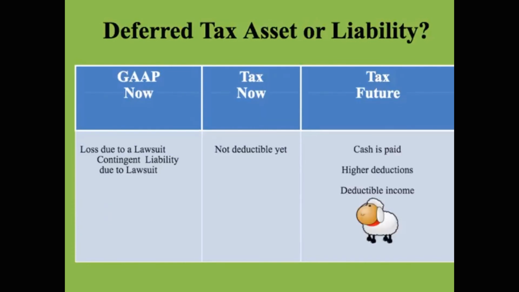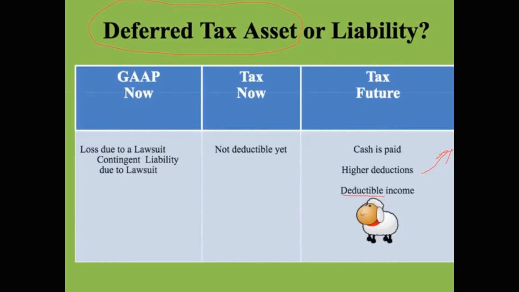In the future, when cash is paid, you will have higher deductions on the tax return because you will subtract that loss. And it will create a deductible income on your tax return. Deductible income is a good thing. Think lower taxes, and it will create deferred tax asset.